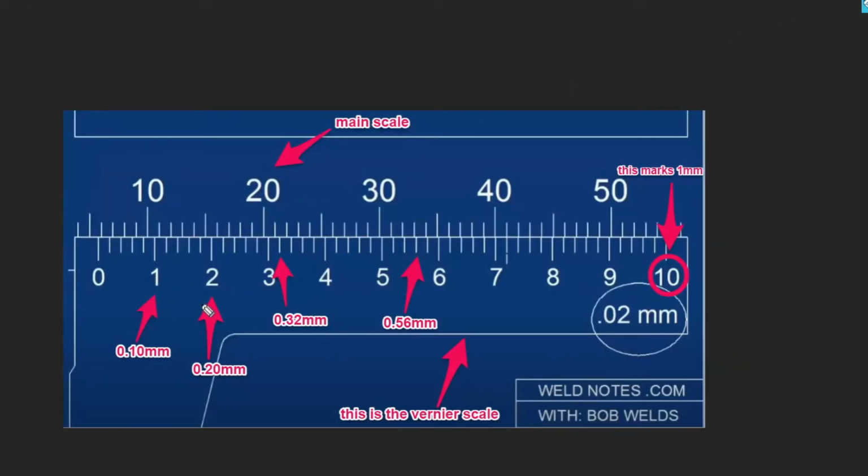So if I show you from a closer up right here, this point would mark 0.02 millimeters, right? And so on, this would be 0.04, 6, 8, and this would mark 0.10 millimeters. So the 1 in the vernier scale represents 0.10 millimeters. And similarly, this goes up to 10, which means this would become 1 millimeter.